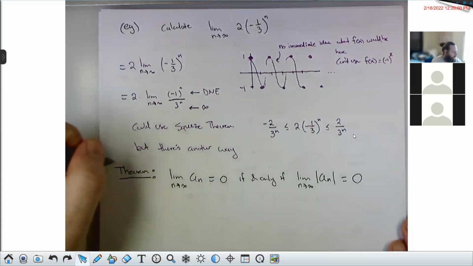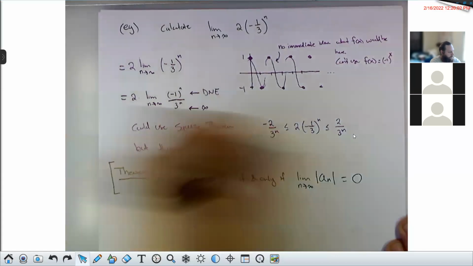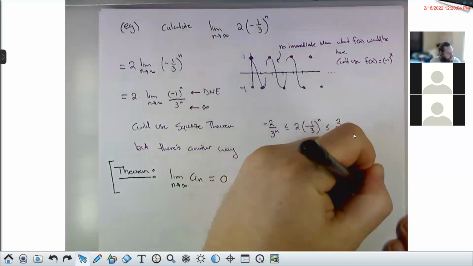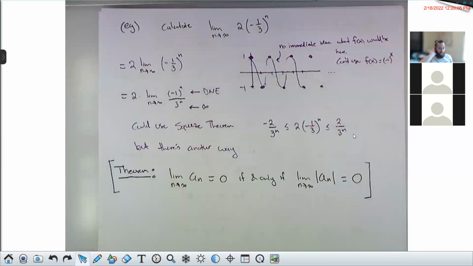So why do I introduce this here in the middle of this example? Well, because the absolute value of this thing is actually very nice. And I want to talk to you a little bit about the algebraic properties of the absolute value function.